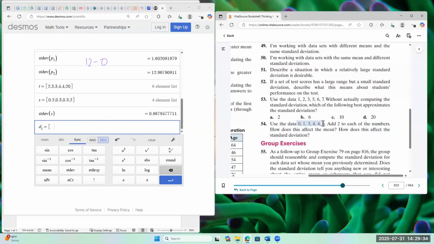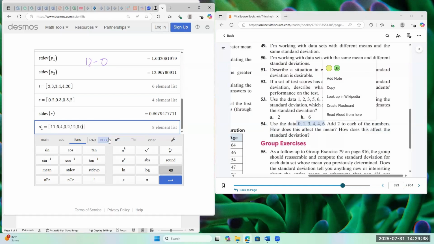Let's try it. Nope, it didn't. It kept what I had copied earlier. Okay, 0, 1, 3, 4, 4, 6. So there's that data.